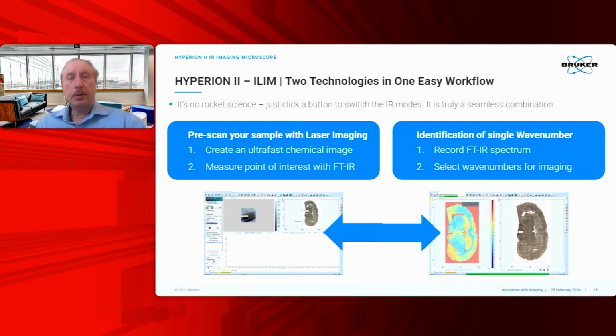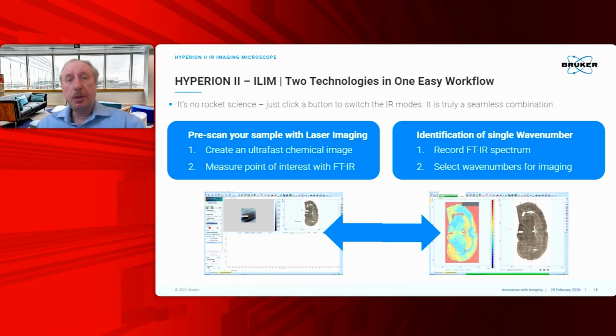Now let's see the typical scenarios for measuring with this combined system. Scenario number one: you pre-scan your sample with the QCL laser, tuned to one wavelength, and create a fast chemical image at this particular wavelength. Then you can find the point of interest, switch to FTIR, and measure the complete spectral range in this area of interest.